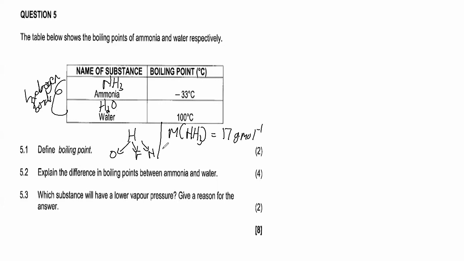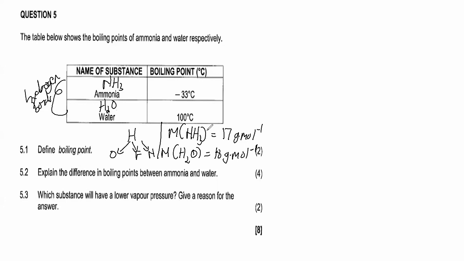And the molar mass of H2O is 2 plus 16, which gives 18 grams per mole. So we can see that there's not a big difference in the molecular mass. They relatively have the same molecular mass, so the molecular mass cannot be the factor that is affecting the boiling point.